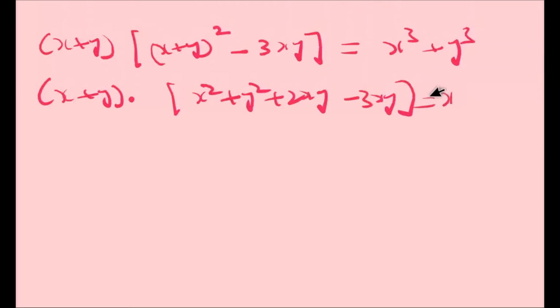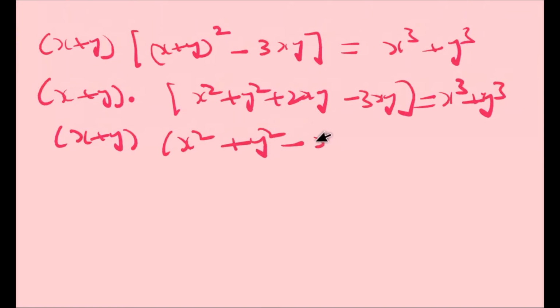So what is left here is x plus y times x square plus y square minus xy. These are like terms, 3xy and 2xy, so minus xy is left here, which equals x cube plus y cube. This is your basic formula.